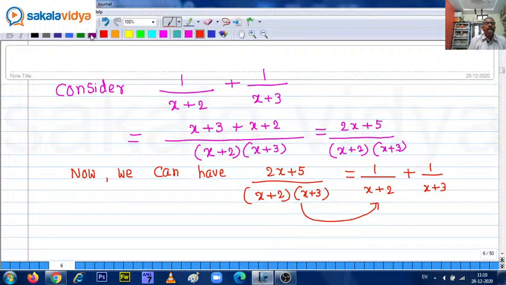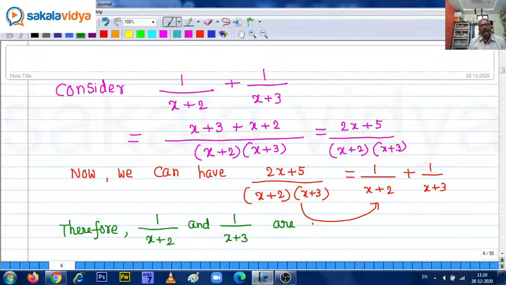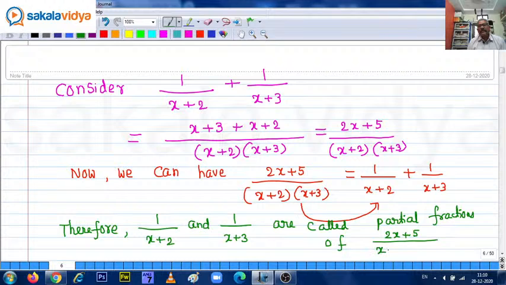Therefore 1 upon x plus 2 and 1 upon x plus 3 are called partial fractions of 2x plus 5 upon x plus 2 into x plus 3.